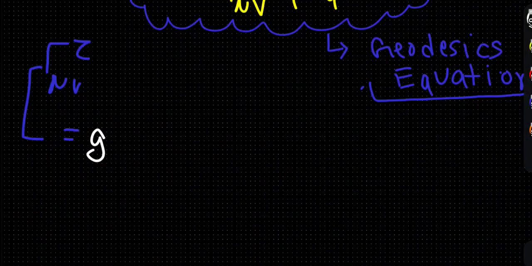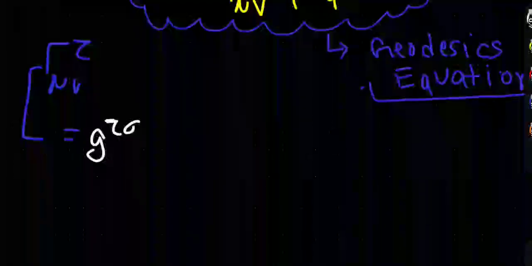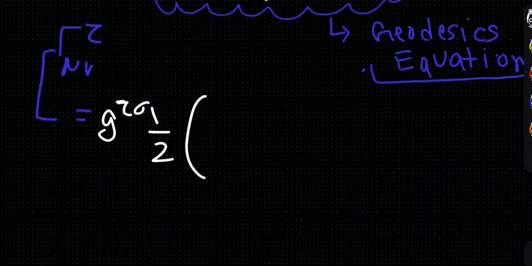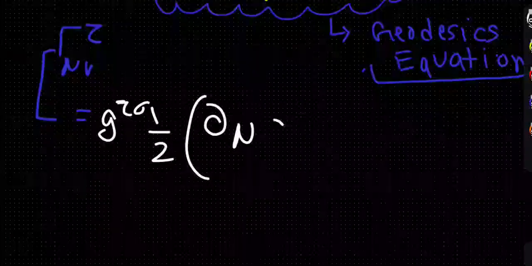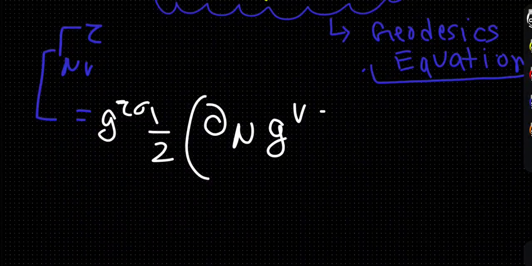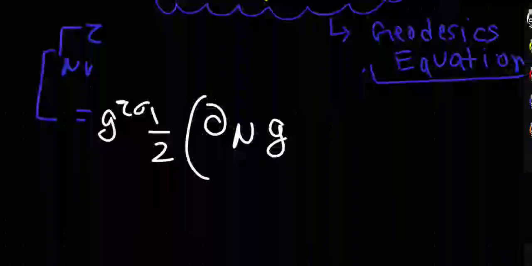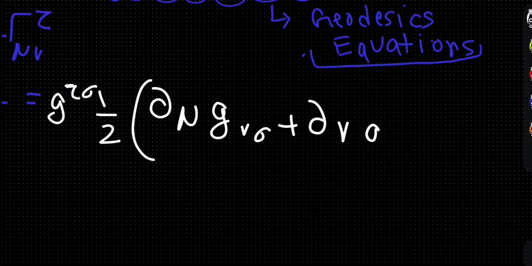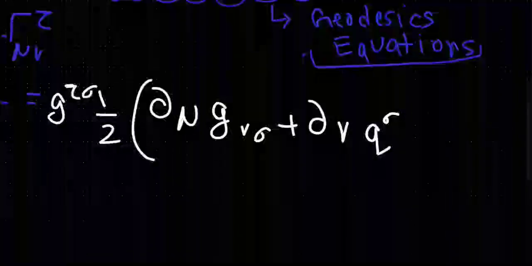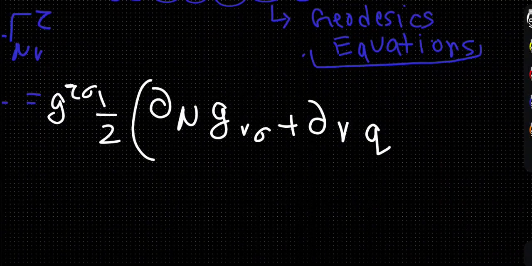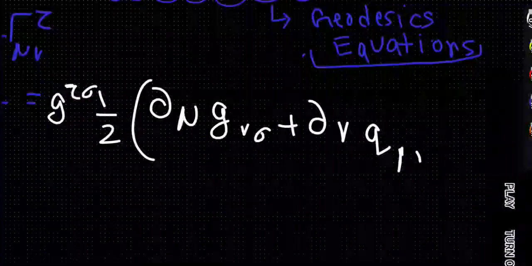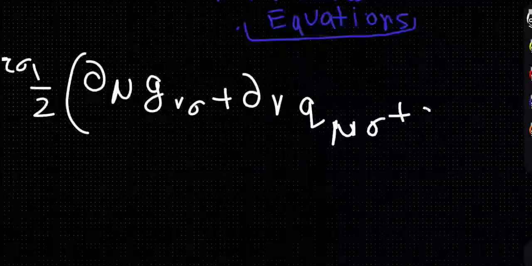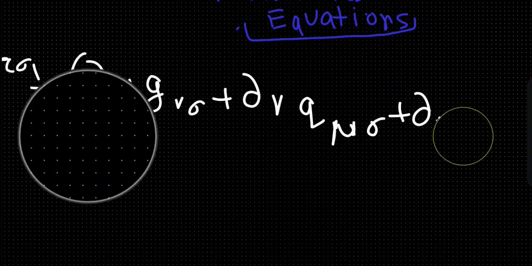g tau sigma. I guess this was the matrix that I multiplied. Yes, g tau sigma times one half of del mu of g nu sigma plus del nu of g mu sigma plus del sigma, minus del sigma of g mu nu.